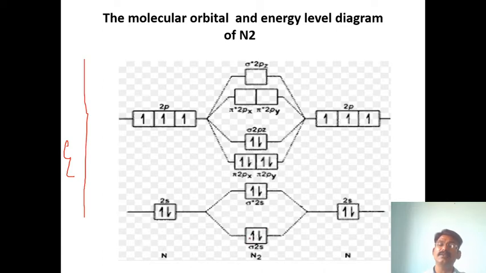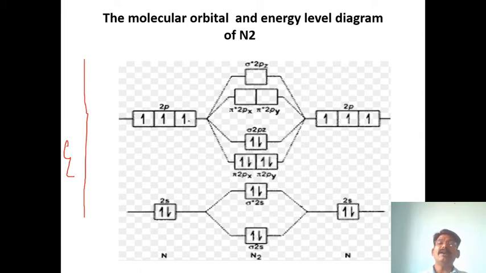One electron comes from one nitrogen atom and one from the other nitrogen atom, and pairing takes place at sigma 2s. The other two, one from each nitrogen, go to sigma star 2s, where anti-bonding takes place. So in the 2s level, 2 electrons are anti-bonding and 2 electrons are bonding, total 4 electrons.